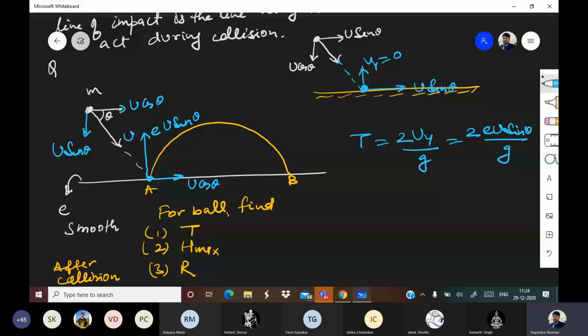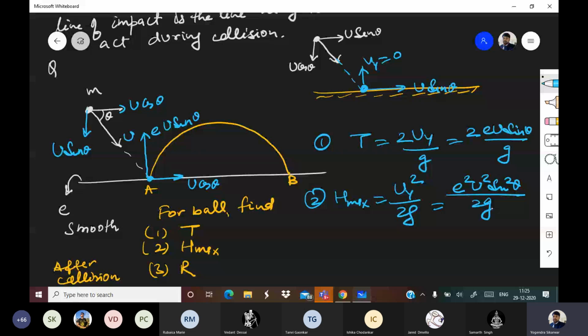In your answer, E is not there, Asmita. Number two, H max will be u square, basically uy square upon 2g. So again, E square u square sine square theta upon 2g. Number three, R is equal to 2ux into uy by g.